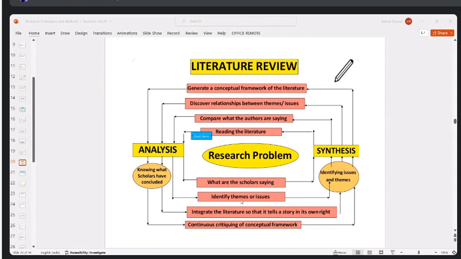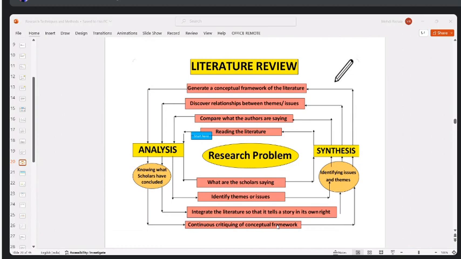If you look at the diagram which I have added here, you have to continuously critique the conceptual framework. Meaning, whatever discussion they have done in their research, either question them or else you write the question. You find out why this writer has written this thing in such a way. So you write a question there and then you try to give your opinion below it. There you will not take any other opinion. That you will do at a later stage.